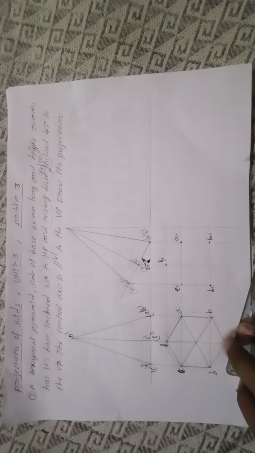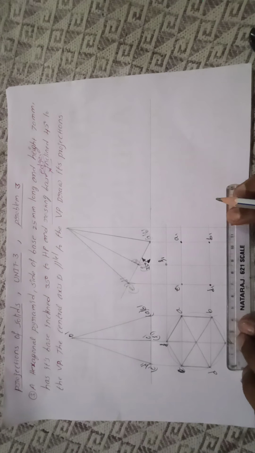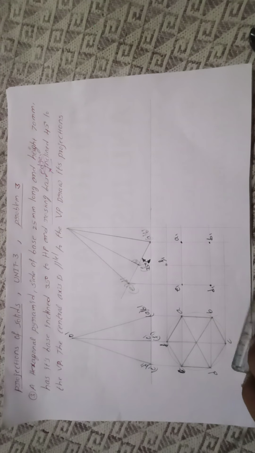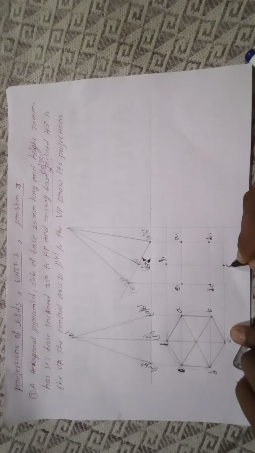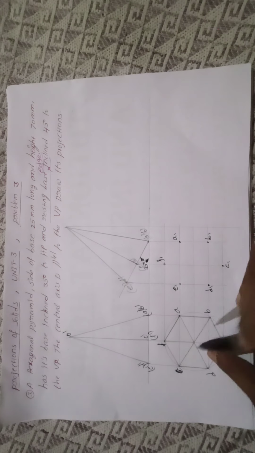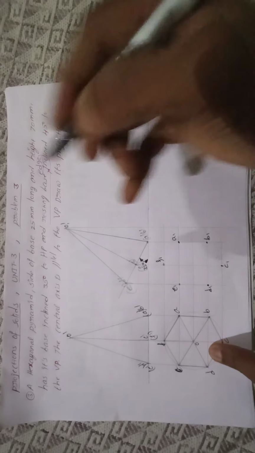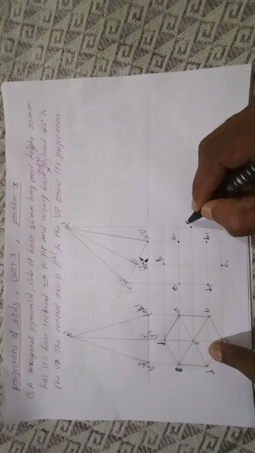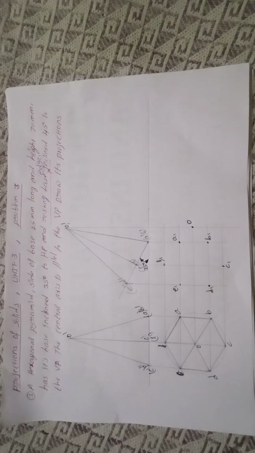This will be B1. And this will be C1. Also we have to indicate the apex, so from the center also we have to draw the projection. Now this is O, this is O dash, O1 dash. Like that we have to indicate all the points.